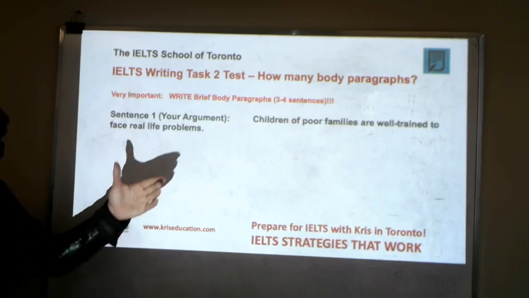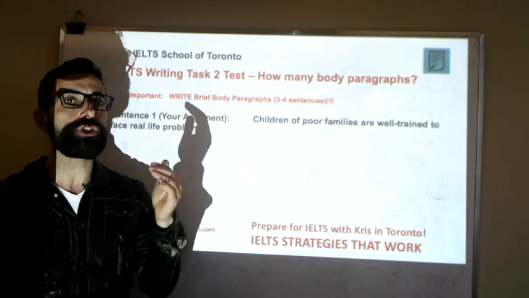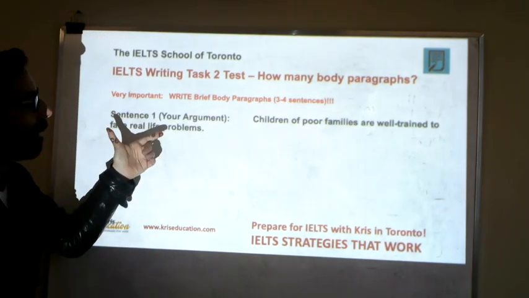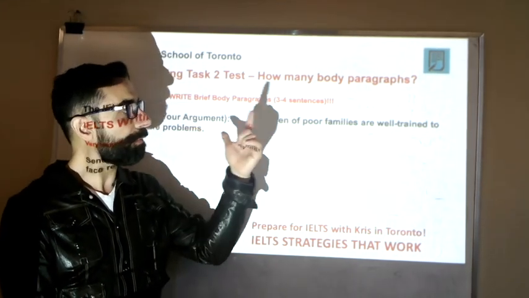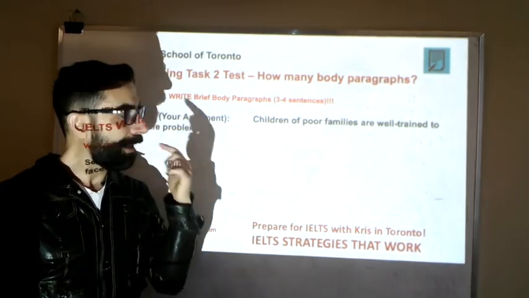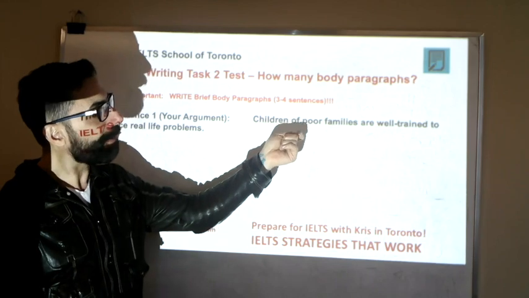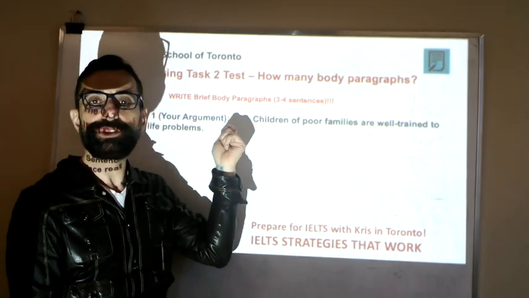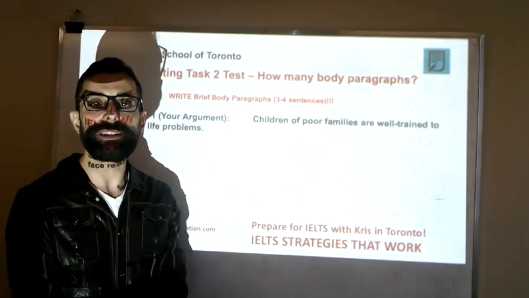And a summary of how to write each body paragraph. Sentence number 1 of a body paragraph should be the topic sentence. It is very important for the topic sentence to be directly linked to the question IELTS is asking.